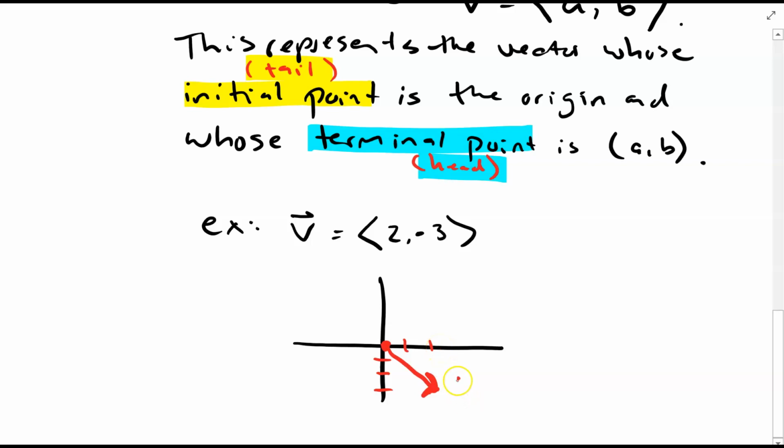So that's what my vector v would look like. Everybody okay with that idea?